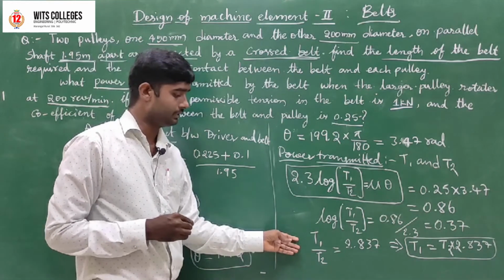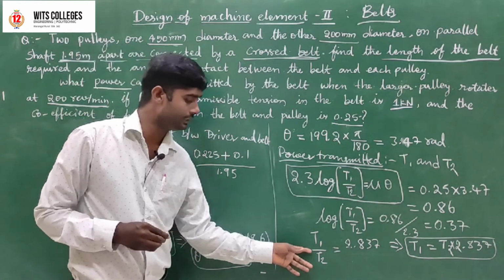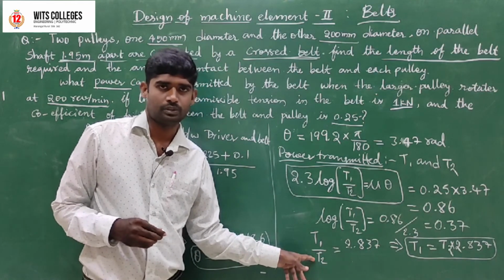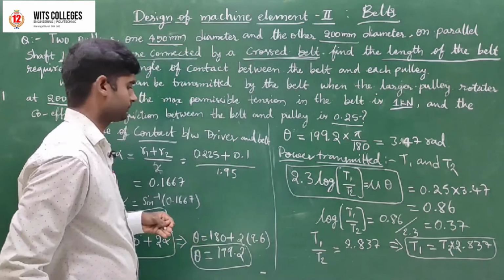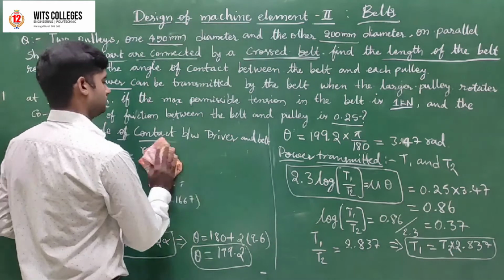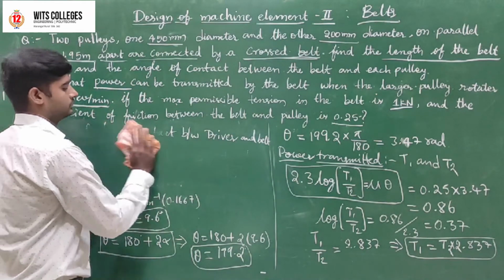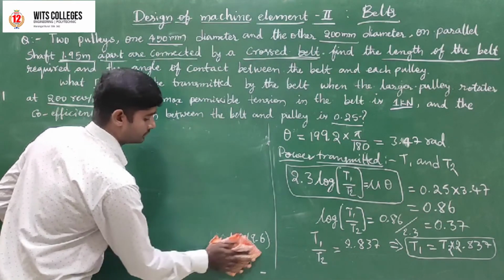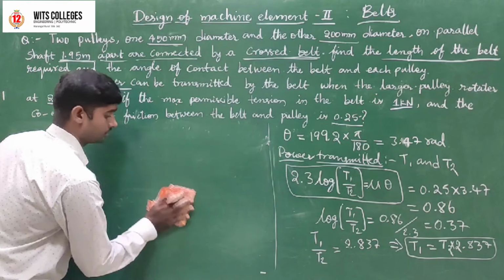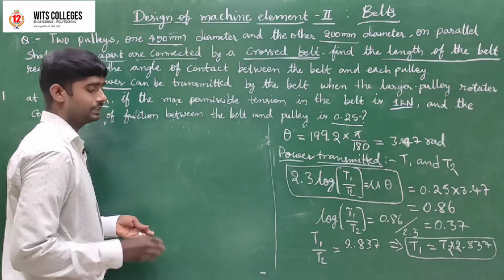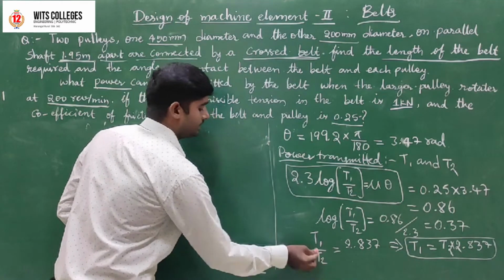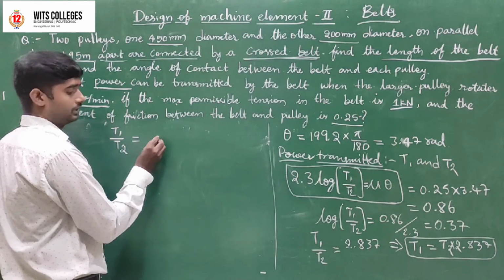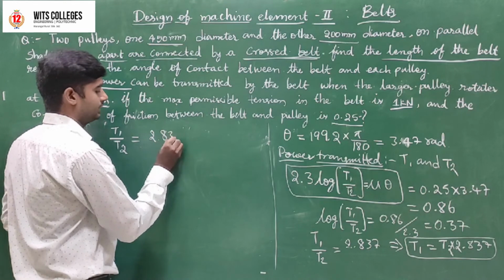T1 is already given, so find out T2. T1 by T2 is equal to 2.837.